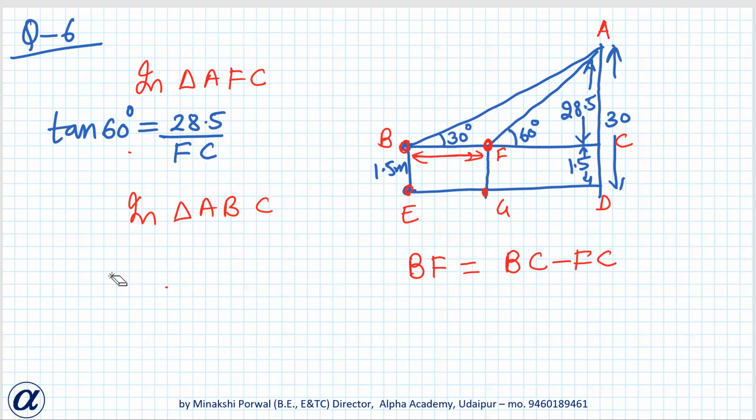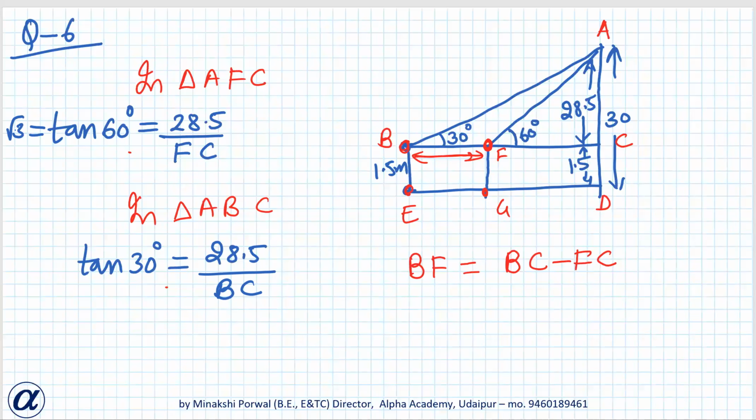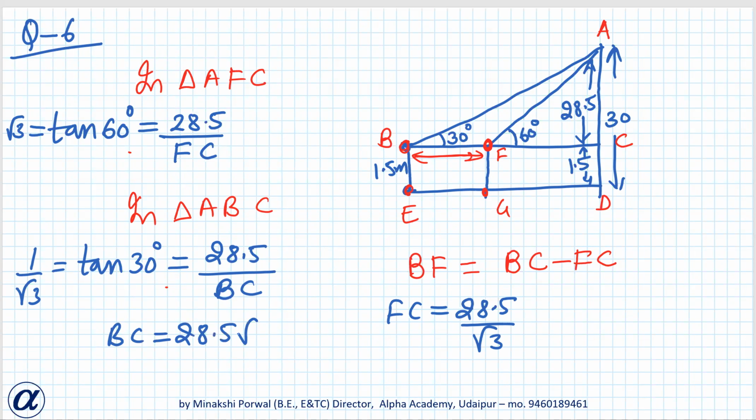And in triangle ABC, tan 30 degree equals perpendicular, that is 28.5, upon base BC. We'll find FC. Tan 60 is root 3. So FC will be equal to 28.5 upon root 3, and tan 30 degree is 1 by root 3. So BC will be equal to 28.5 into root 3.